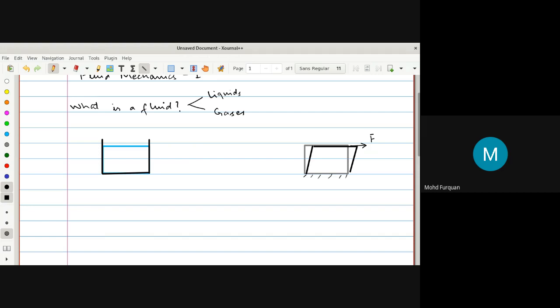So it will get deformed by some amount, which you can call theta. So there is this angle theta. It will deform like this. Okay. Now suppose I increase this force F, then what will happen? Theta will increase.